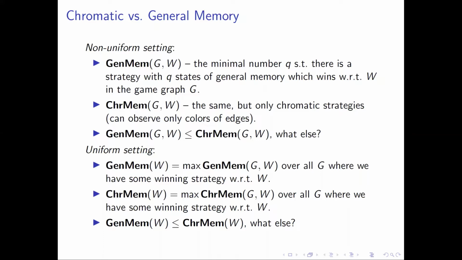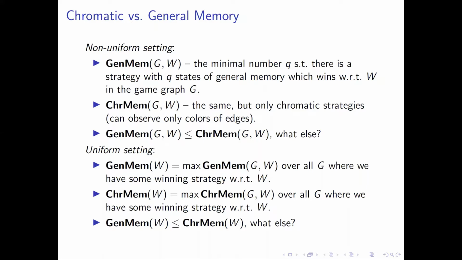Of course, a chromatic strategy is basically a special case of general strategies, because we can just consider a finite automata whose input alphabet is the set of edges, but it only reads the colors of these edges. So general memory of G and W is always at most chromatic memory of G and W, but what else can we say?